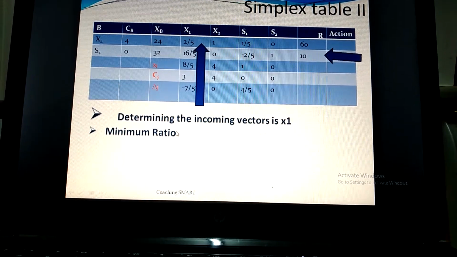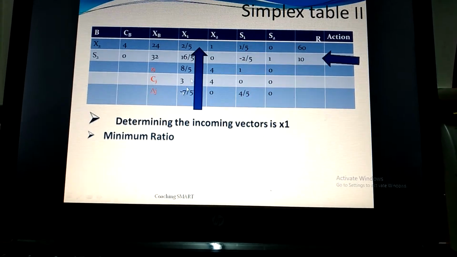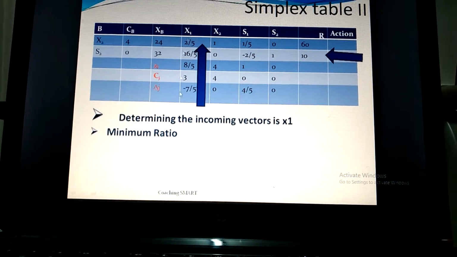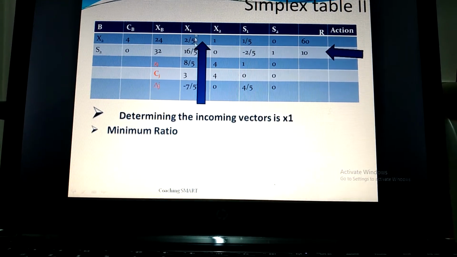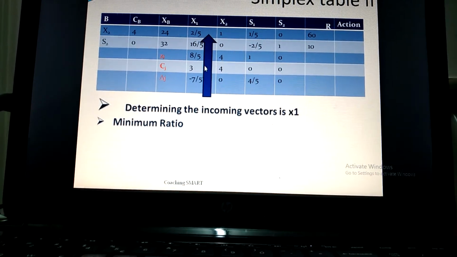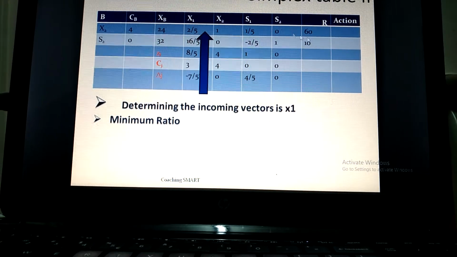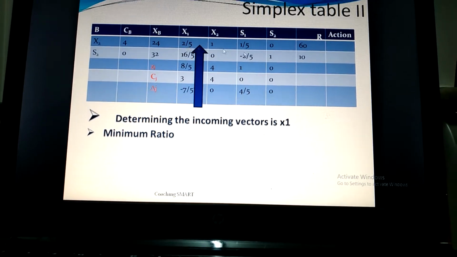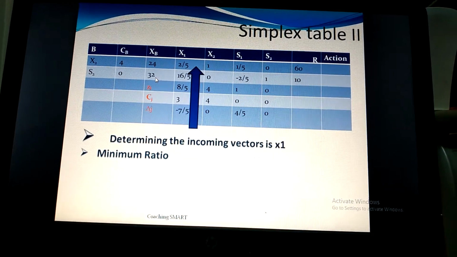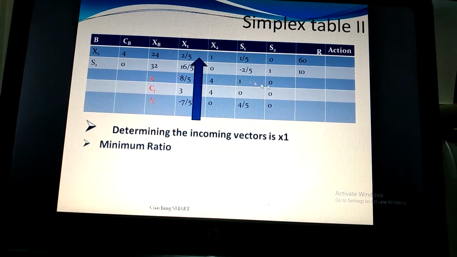Now we come to the determining. So our incoming variable is x1. How do we get the outgoing variable? Use the key column. This is our key column. You say 24 divided by 2 over 5 gives us 60. 32 divided by 16 over 5 gives us 10.